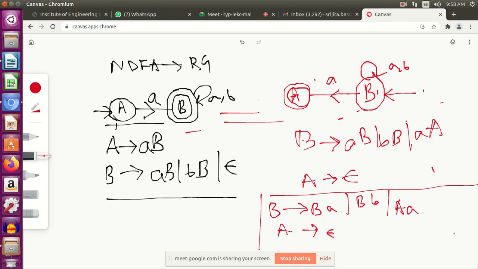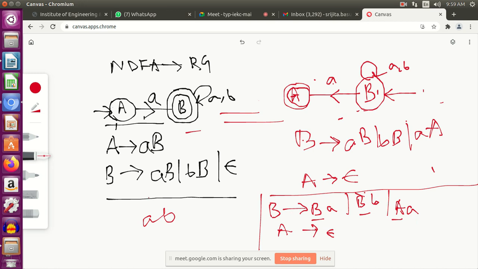As you can see, the non-terminal symbols are on the left hand side, so this is a left linear grammar. If you try to derive a string, suppose something starting with A, like AB, it should be generated by this grammar.